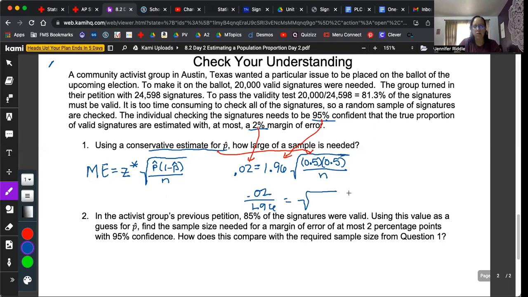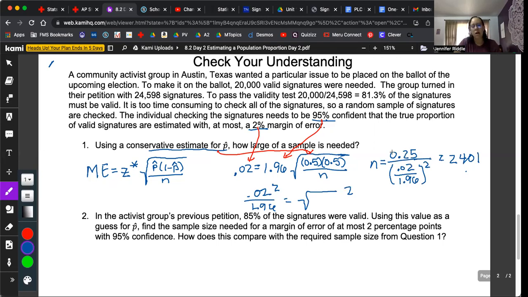To get rid of that, I'm going to square both sides, which leaves me with 0.25 on this side, and ultimately I can get n equals 0.25 divided by (0.02 divided by 1.96) squared. And that's going to give me a value of 2,401 signatures that I need.